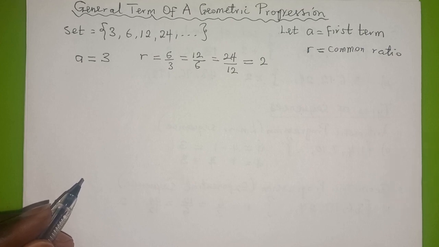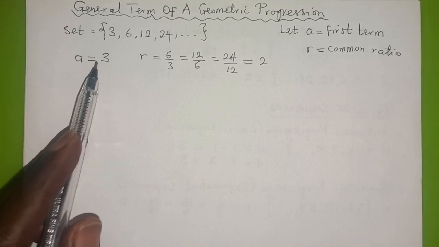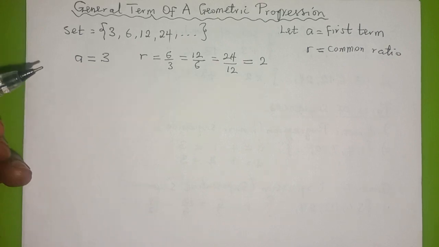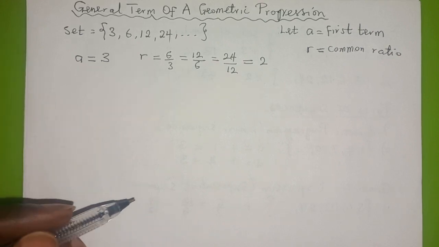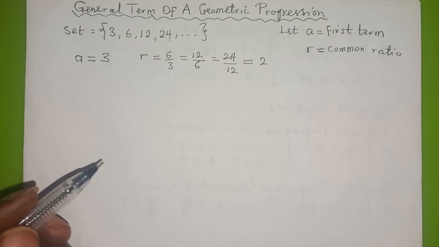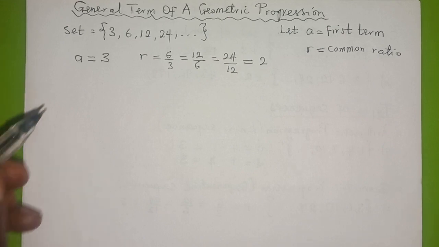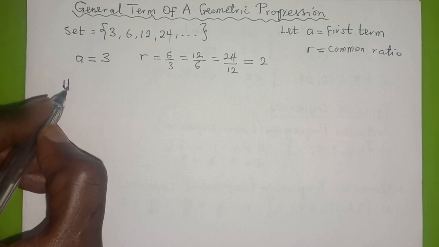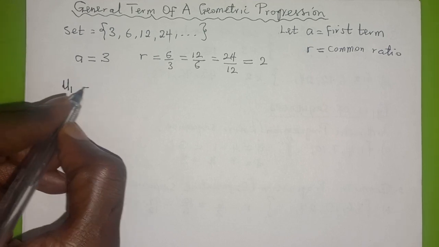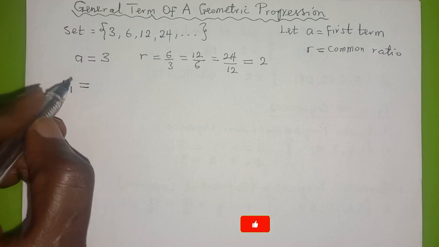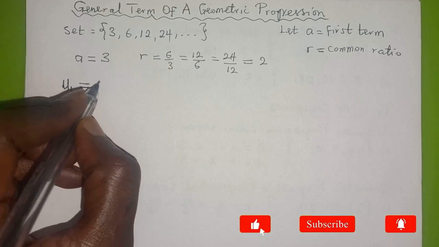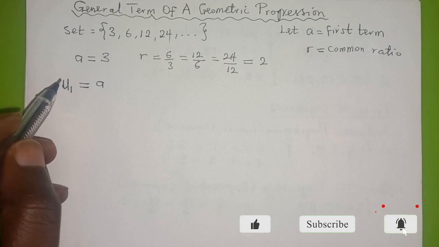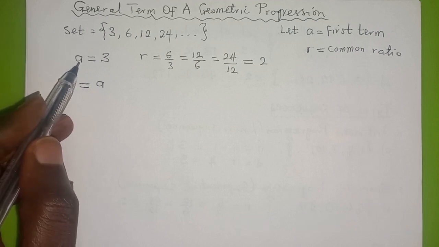All right, so we will be using the first term and the common ratio in order to generate the formula for a geometric progression. So let's do that. u1 is our first term, and it is always going to be represented by a. So u1 is a.